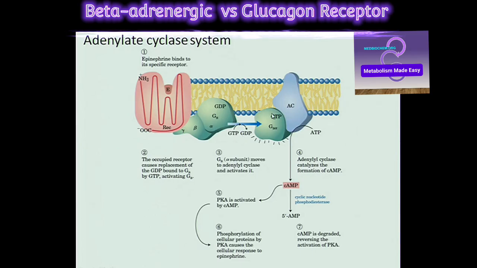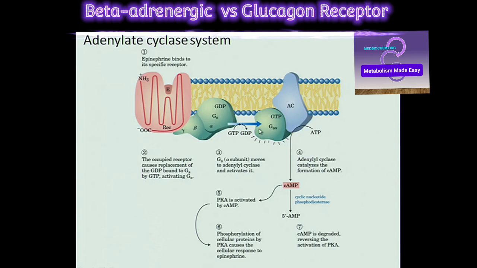So what you end up with is this single subunit, Gs-alpha, with GTP bound to it. You see these sort of things here. This is the active G protein.